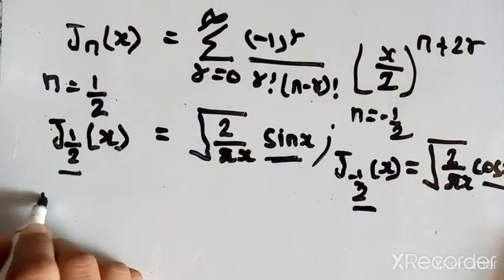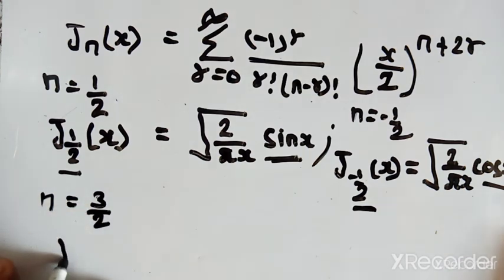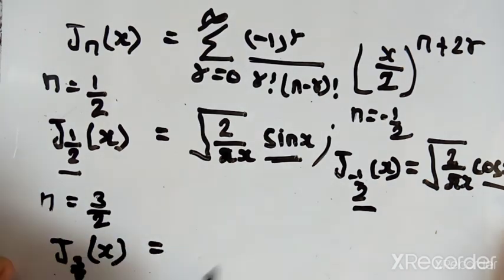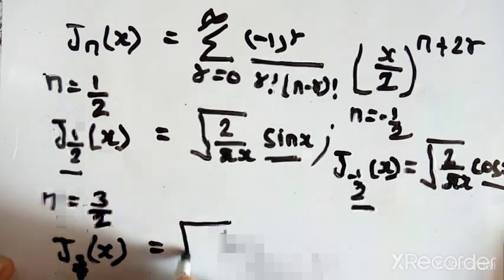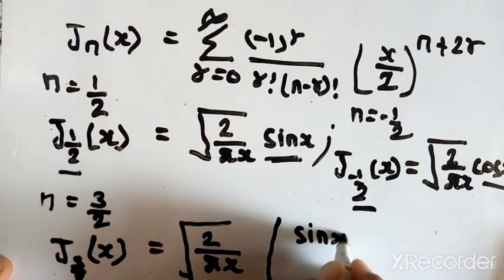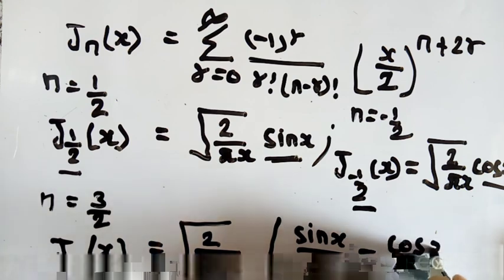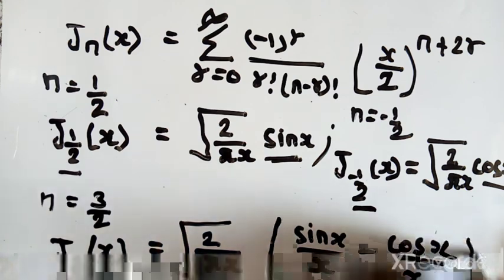For n equal to 3 by 2, J 3 by 2 of x equal to root of 2 over pi x into (sin x upon x minus cos x).